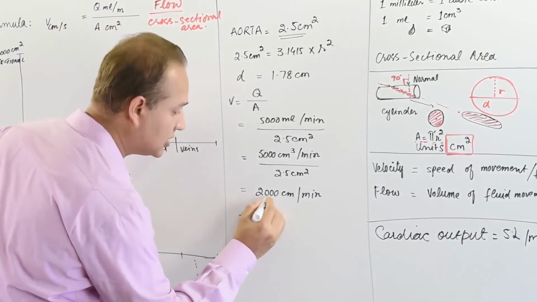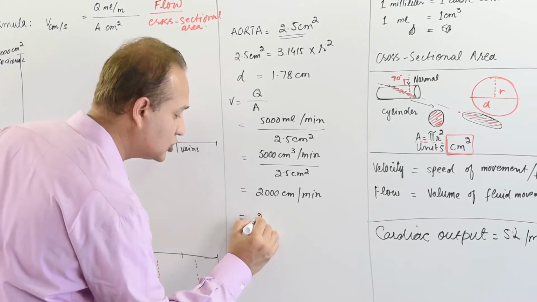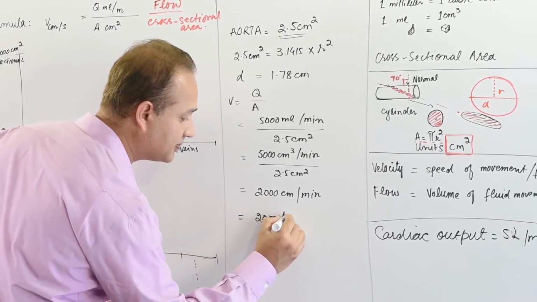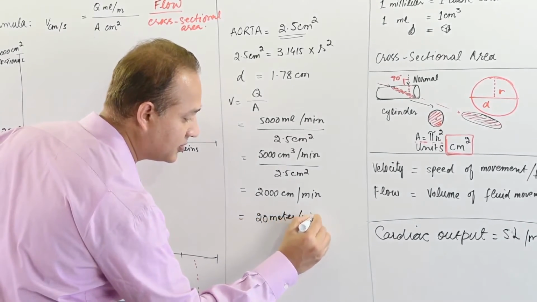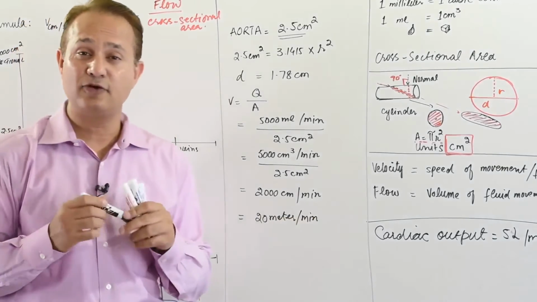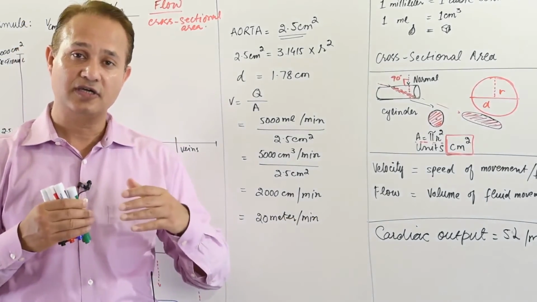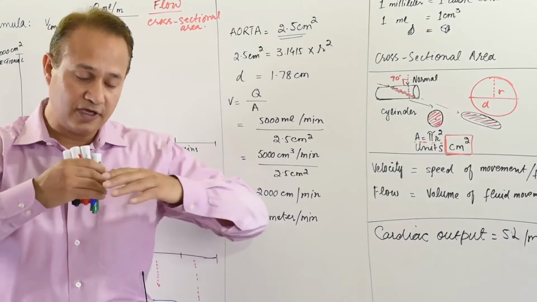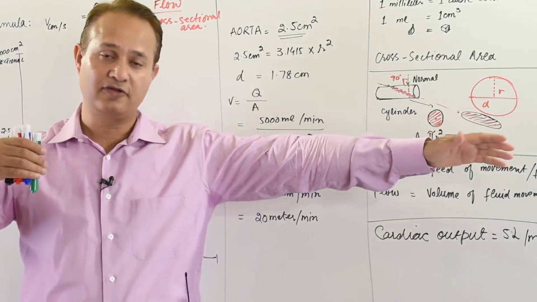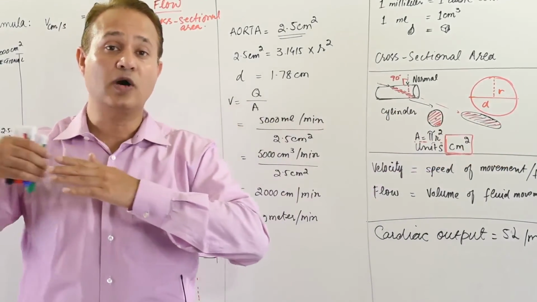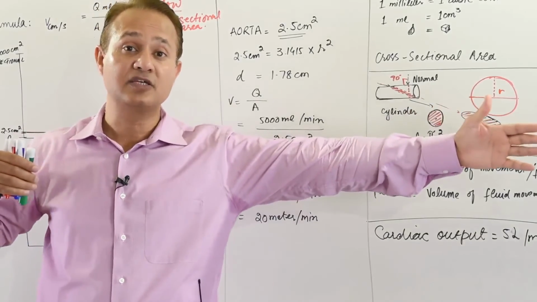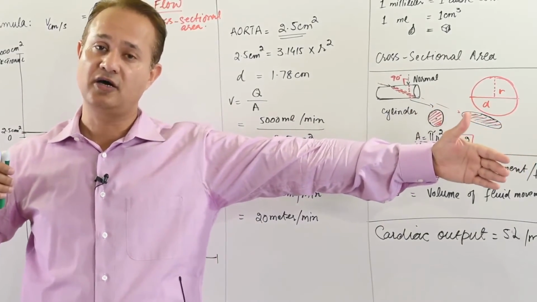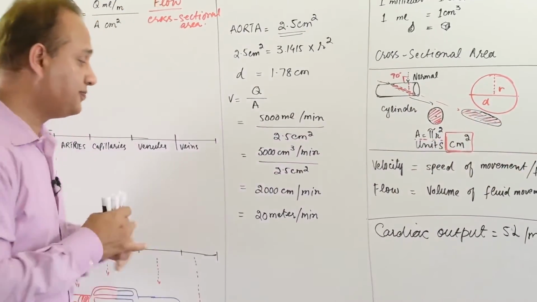So 2000 divided by 100 will be 20. So 20 meter per minute. So the blood is flowing so fast in the aorta that if the aorta became long enough, then the blood in 1 minute would pass 20 meters of aorta. That's a lot of speed.